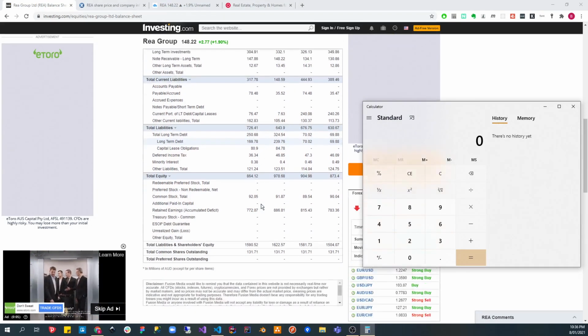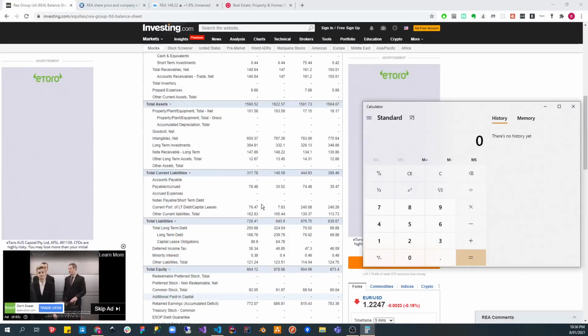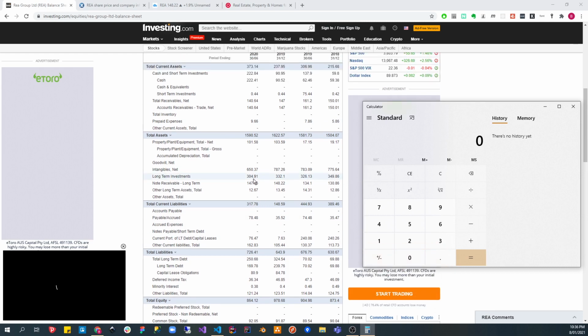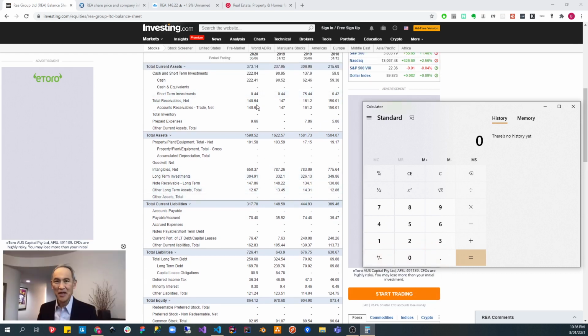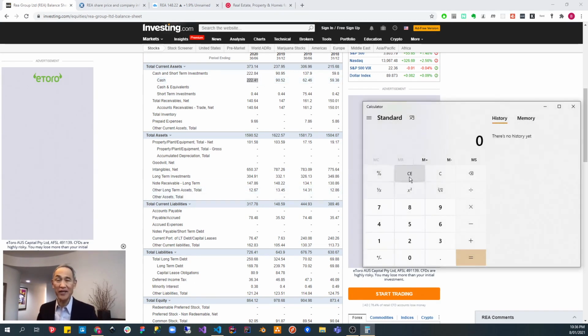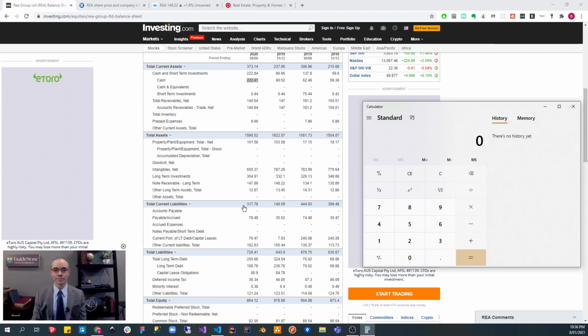Total liabilities, total equity. Okay, yeah. So, that's total current liabilities. The reason why this is not favorable is because you want to know if they have enough cash to cover their short-term liabilities. So within 12 months, let's say the creditors, the banks, come and say, hey, we want our money.